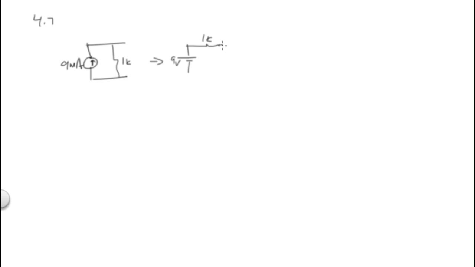Now we attach, we've got a 2K up here. We have 6 volts, or 6K. We've got our AB terminals. So this combines into a 3K.